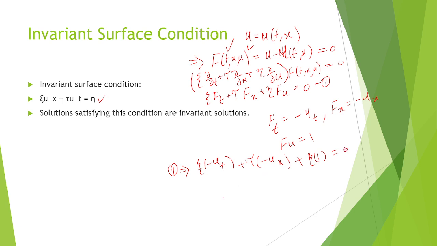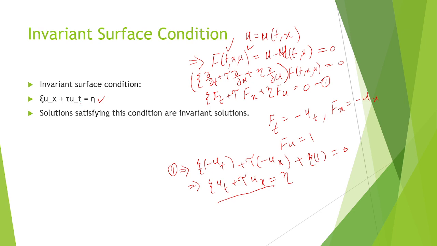So simplifying this equation, we get xi u_t plus tau u_x is equal to eta, which is given over here. This is called the invariant surface condition. Solutions that satisfy this condition are invariant solutions.